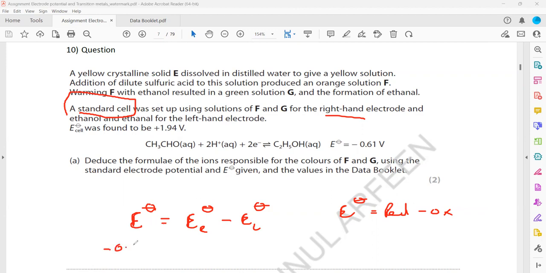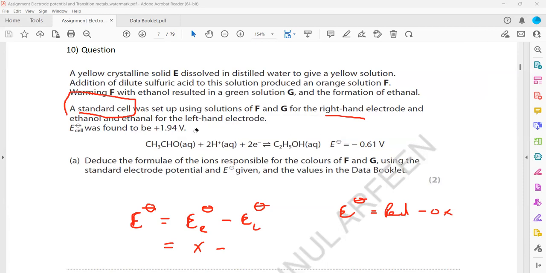So this is minus 0.61 volts, and on the right hand side we have this unknown X. The electrode potential of the cell was found to be 1.94.